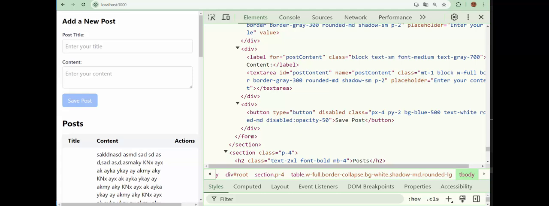I created an e-commerce with a basket, and when we change data in our basket, change articles, we don't communicate.